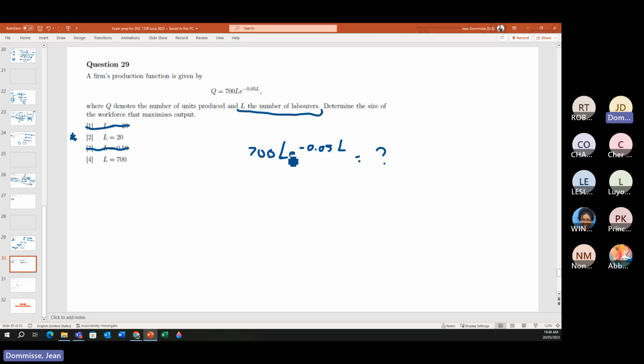Okay, so let's work with that one first. How would we work with that? What will the derivative be of that part of the equation?